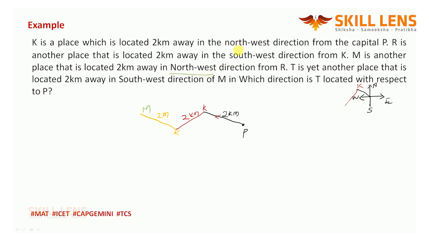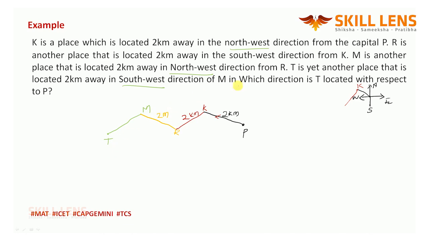Okay guys, wait here. Southwest and northwest, point R is located. T is another point which is southwest. Guys, if you look here, northwest is 2 times and southwest is also 2 times. So again from here, this is point T.